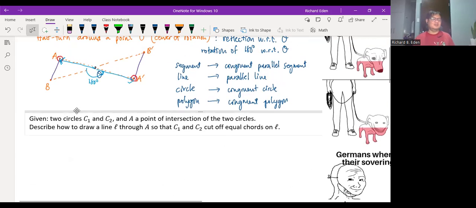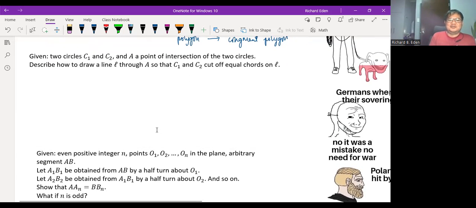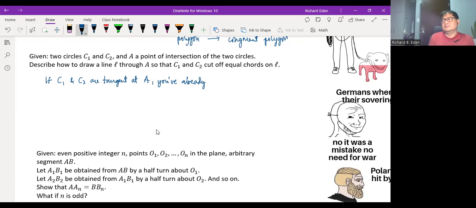Given two circles, C1 and C2. If C1 and C2 are tangent at A, you've already done this. My gap can only be explained by using translations, or actually, half turns is what we will do now. If C1 and C2 are tangent at A, you've already done this.